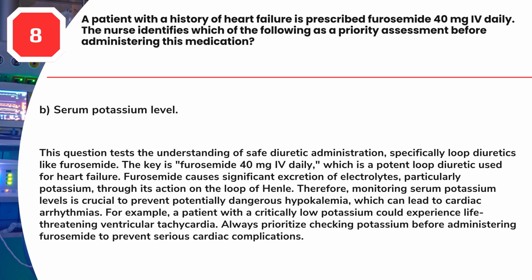Therefore, monitoring serum potassium levels is crucial to prevent potentially dangerous hypokalemia, which can lead to cardiac arrhythmias. For example, a patient with a critically low potassium could experience life-threatening ventricular tachycardia. Always prioritize checking potassium before administering furosemide to prevent serious cardiac complications.